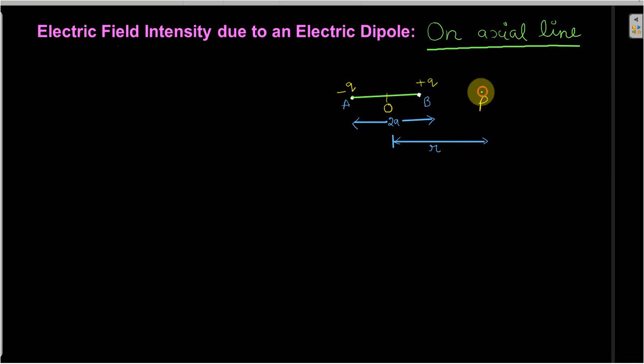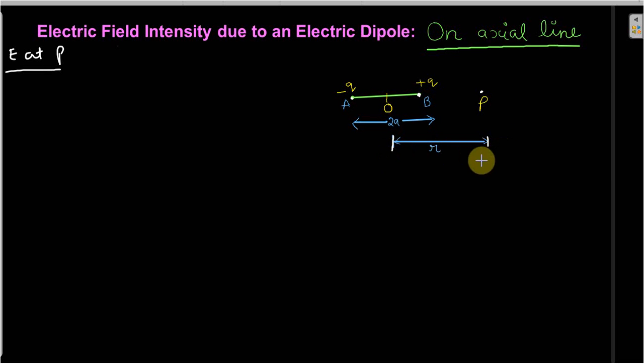Here is the point P. We want to find the electric field intensity E at point P. The distance of this point P from the center of the dipole is r.